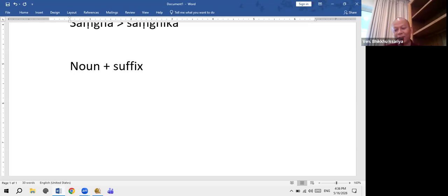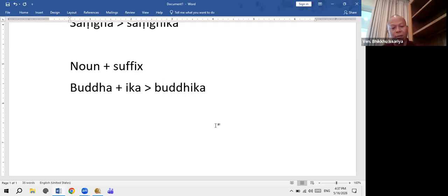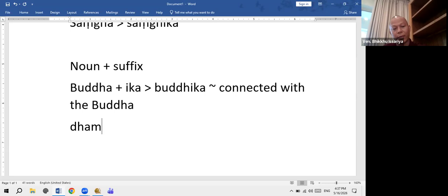So now, Buddha, but the suffix is Ika, so it becomes Bodhika. Generally the meaning is belonging to, or maybe connected with, the Buddha.